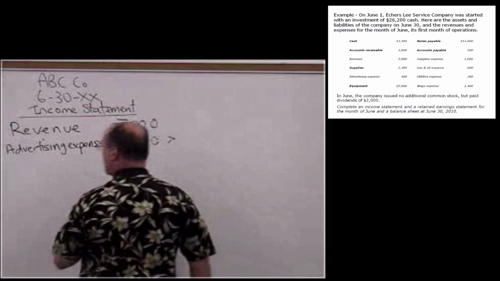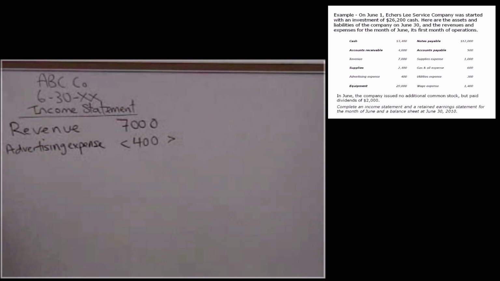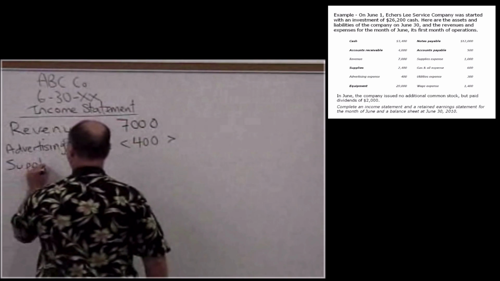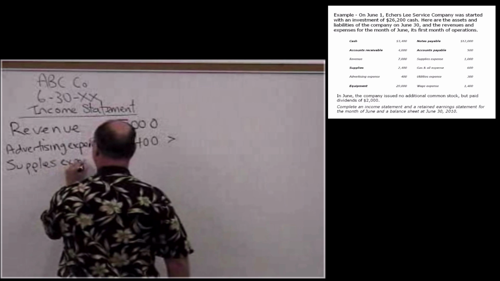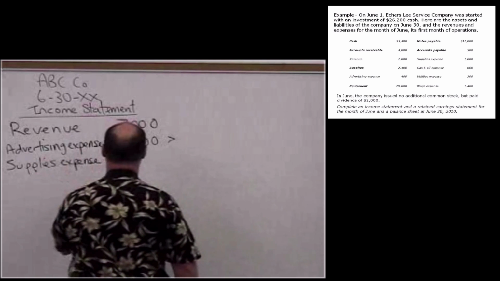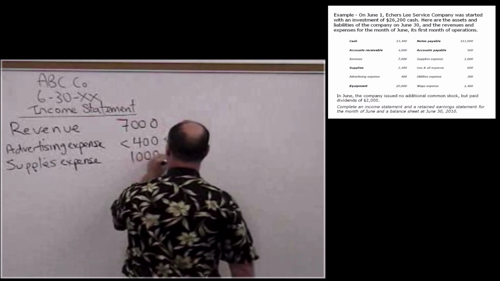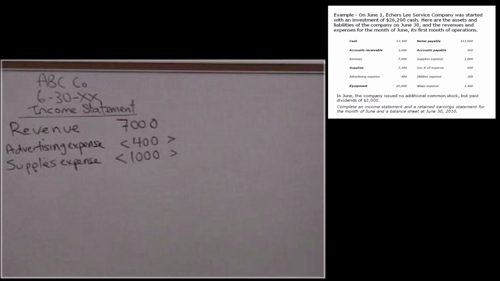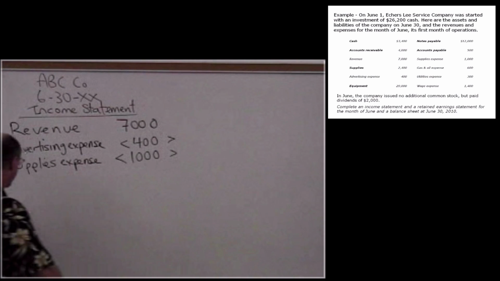And notice I put brackets around the expenses. In accounting, putting parentheses or brackets around a number that's going to be subtracted or a negative number is common practice. Okay, I see supplies expense for $1,000. Gas and oil expense, $600.